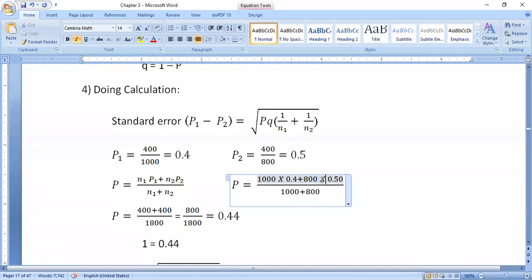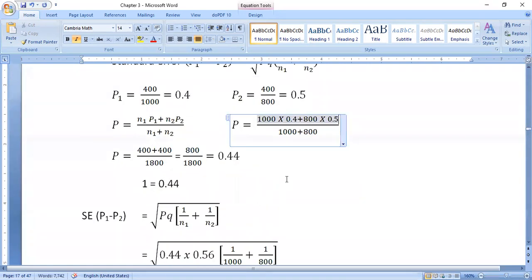Or 0.5, that is up to you, or if you have doubt, please delete this one, it is 0.5 only. So you will get the P value, that is 0.44. 0.44 is the probability of success.